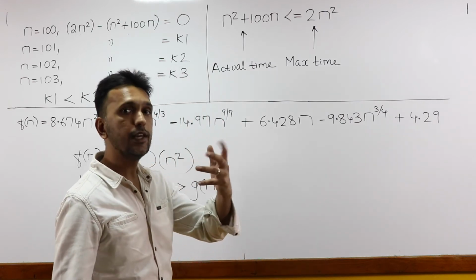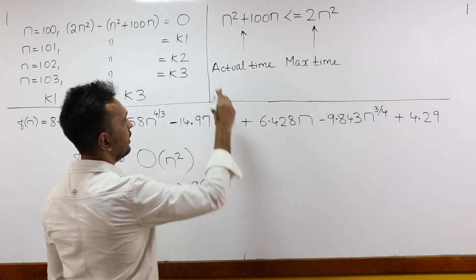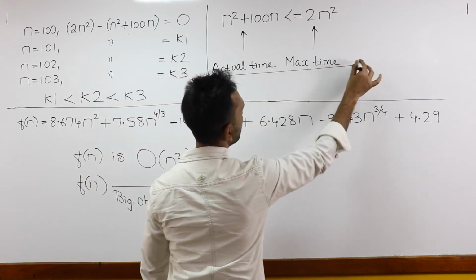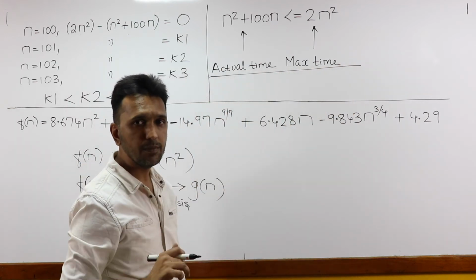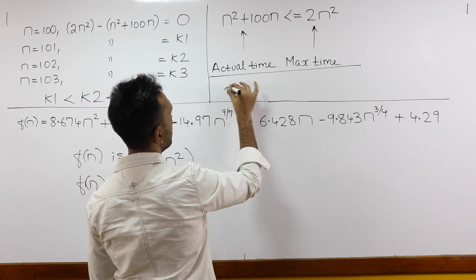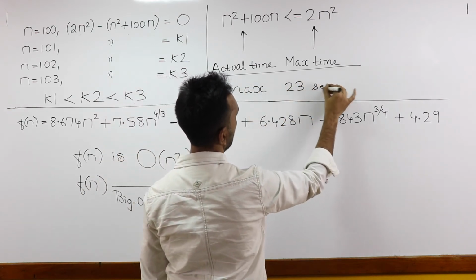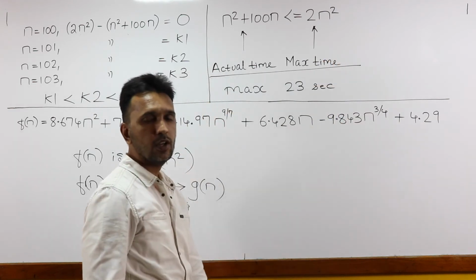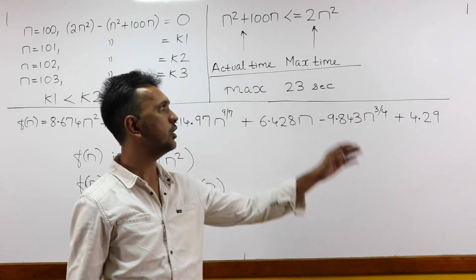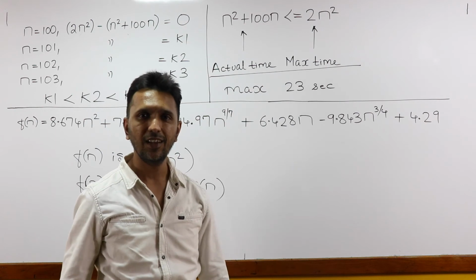They will design the software in this manner, that our missile should destroy the enemy missile in, let's say, maximum 23 seconds. No matter what happens, the enemy missile should be destroyed in 23 seconds.